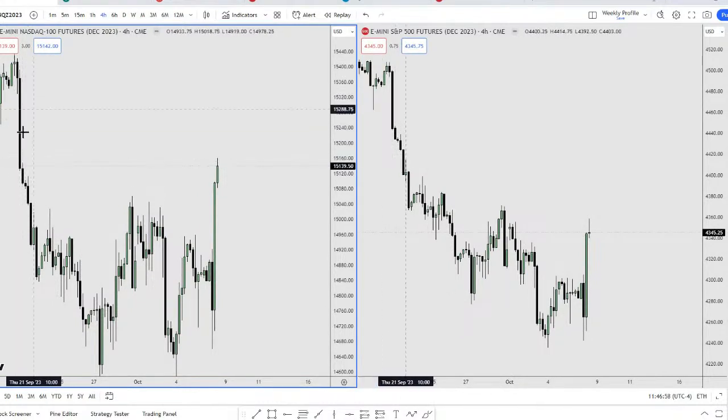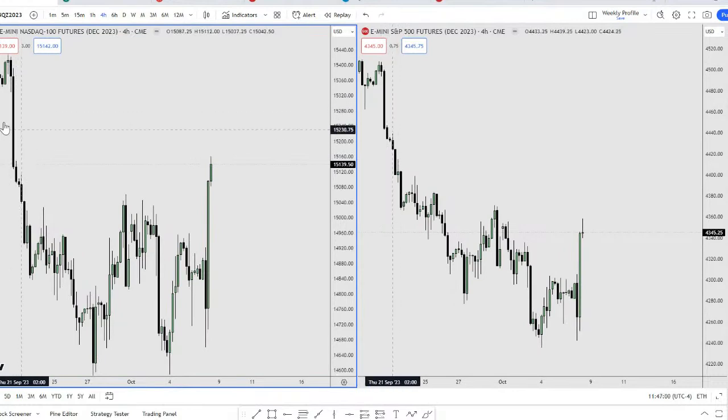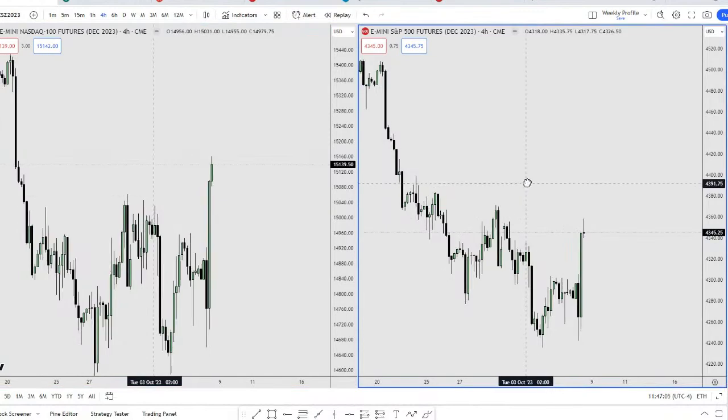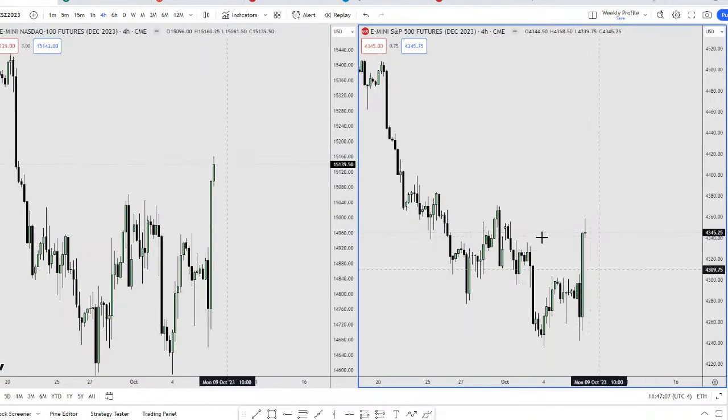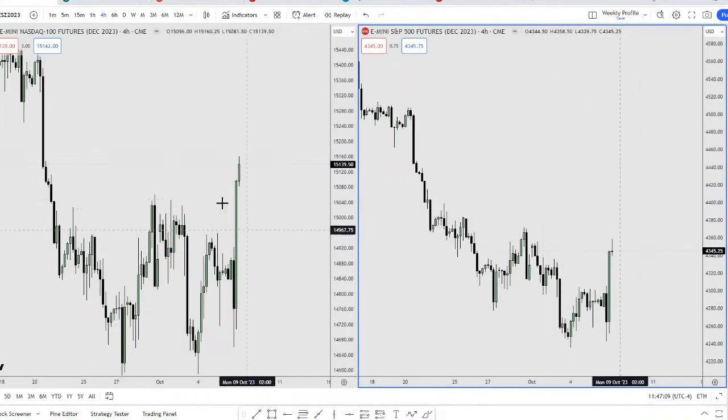This CB right here for Nasdaq. For ES, I could care less because it's way more bearish. So as long as Nasdaq is willing to drop, ES is going to drop lower.